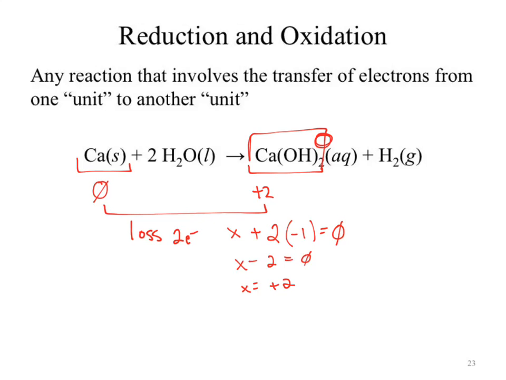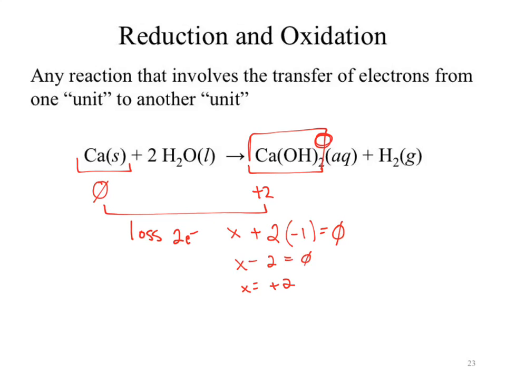But a loss of 2 things, shouldn't that make it more negative? If I lose money, I go into debt, right? That's kind of a crappy thing. It's because the electrons are negatively charged. So I'm not losing money, I'm losing debt. Losing debt is a good thing. We move up in our monetary values. Same thing's happening here.